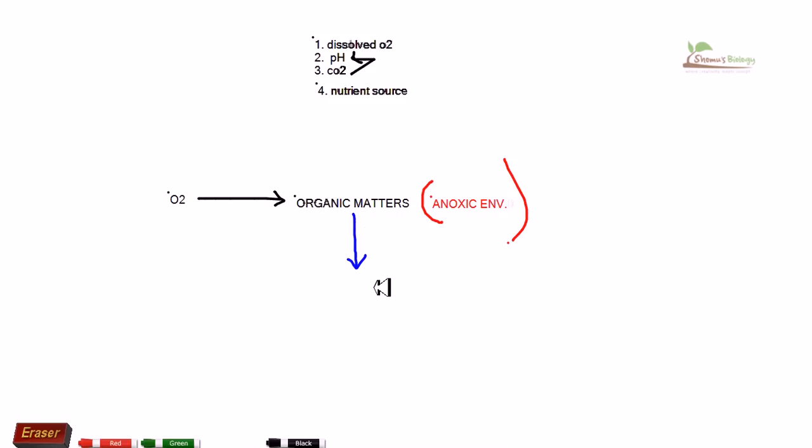So algae and cyanobacteria will come and take up the organic matter. They try to minimize the effect of the anoxic environment, and they survive it to some extent.